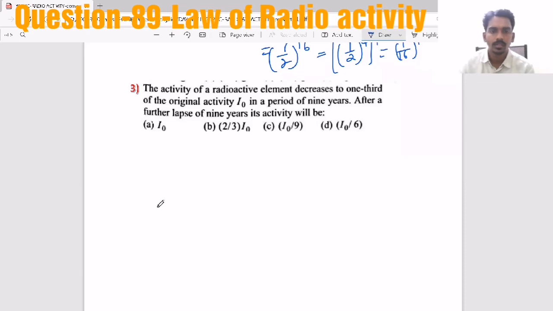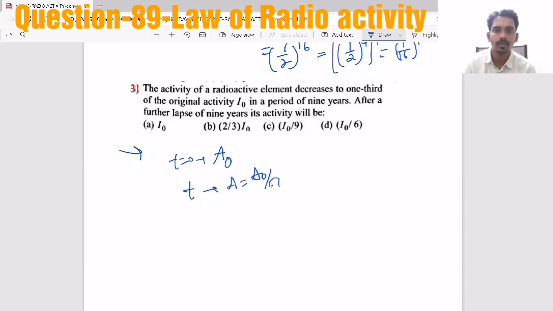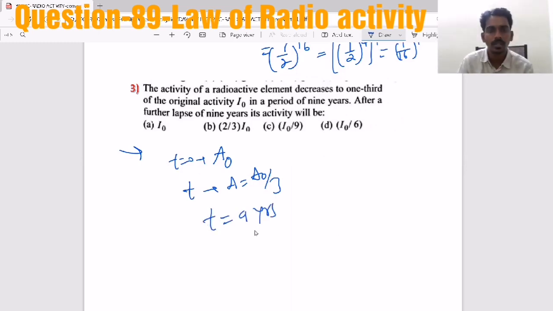Now, the next thing is, the activity of a radioactive element decreases to 1/3 in a period of 9 years. Initially at t equal to 0 it is A naught, then after time t it will become A equal to A naught by 3. Here A naught they are mentioning as I naught, so no problem. After a further lapse of 9 years, its activity will be?